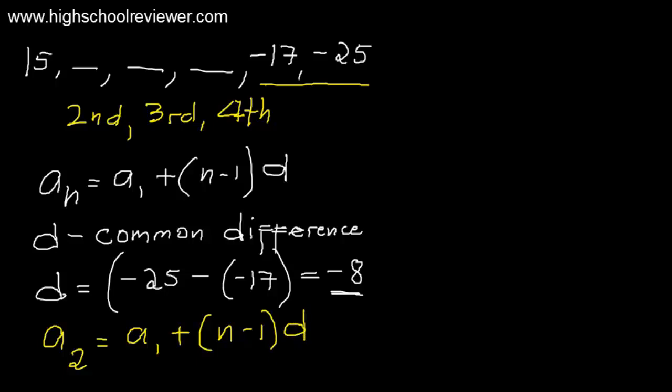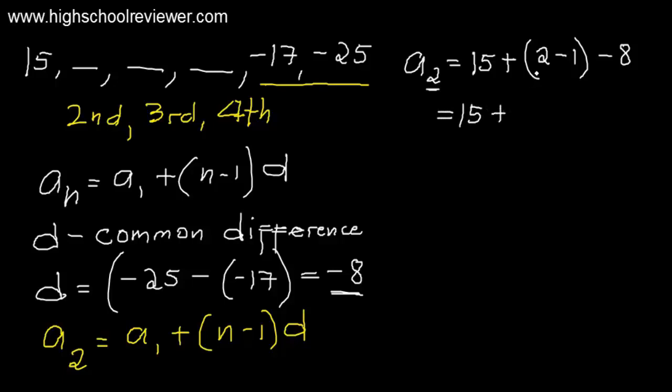Our a sub 1 is positive 15 plus our n, which is 2, minus 1 multiplied by d, which is negative 8. So we have 15 plus 2 minus 1, which is 1, multiplied by negative 8, which is negative 8. So 15 plus negative 8 is positive 7. So our a sub 2 here will be positive 7.